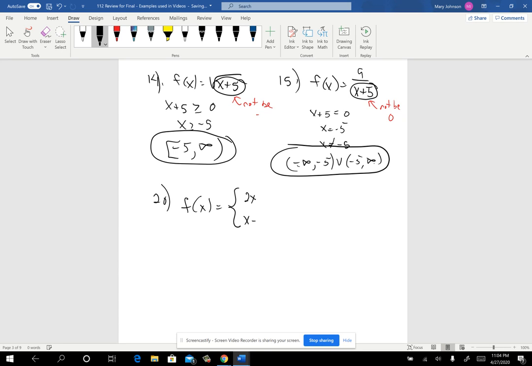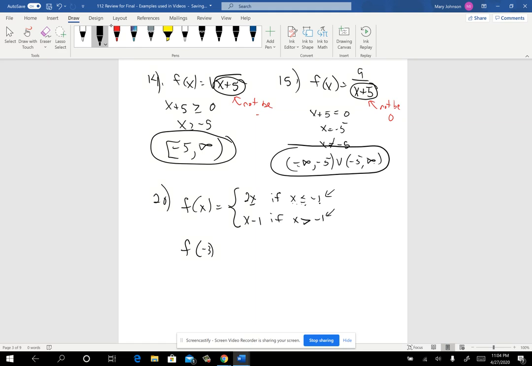So here we have a piecewise function. That means one rule doesn't describe the entire thing. You use the top rule when you're less than or equal to -1. Use the bottom rule when you're bigger than -1, okay? And so if I ask you to do f of -3 like I did here, you actually start by thinking about which of these conditions does it fit.